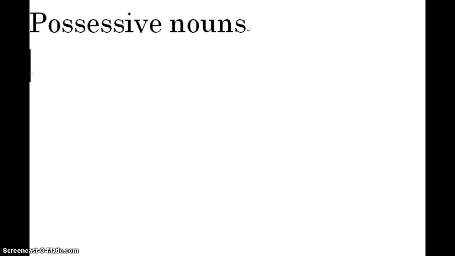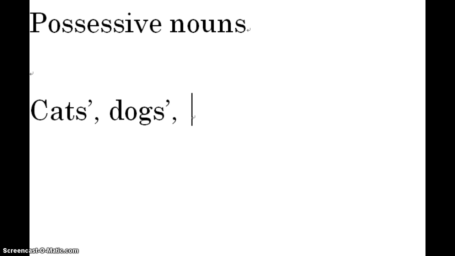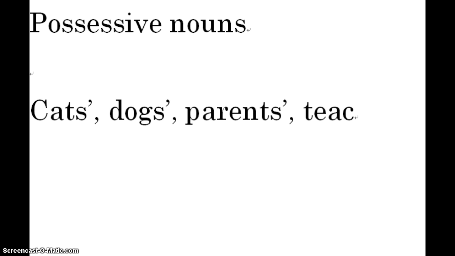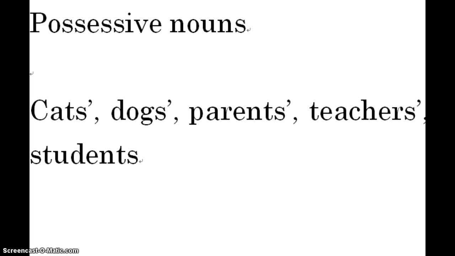But if we are talking about more than one owner or user, we put an apostrophe after the S, showing that the noun is plural. For example, cats', dogs', parents', teachers', students'.